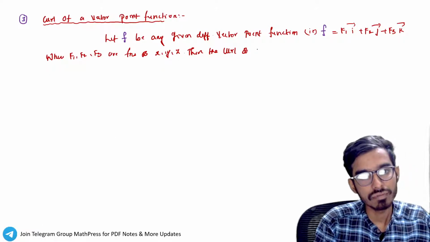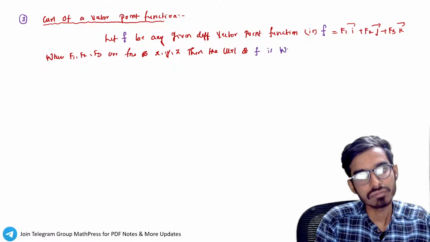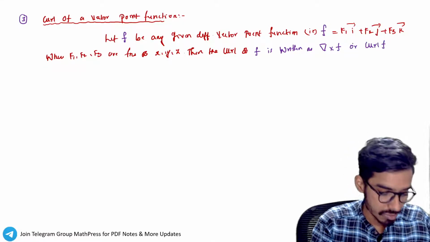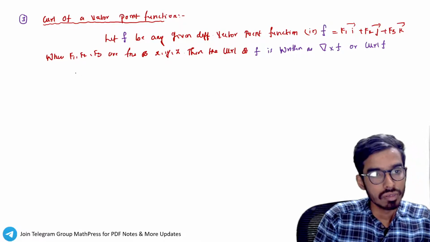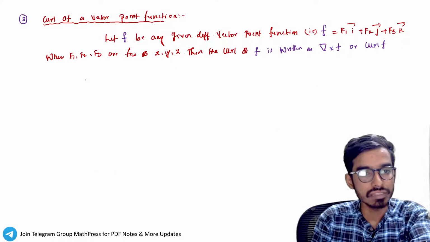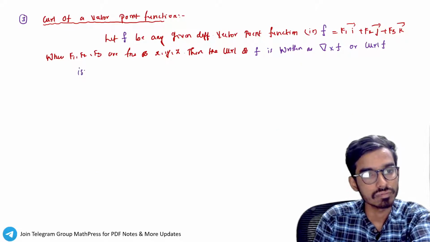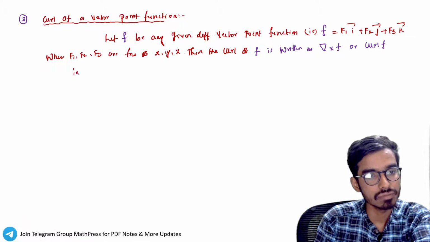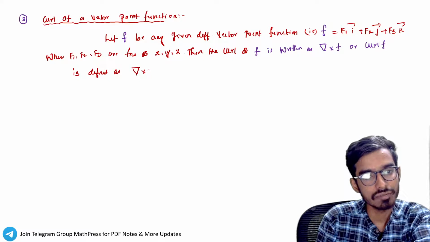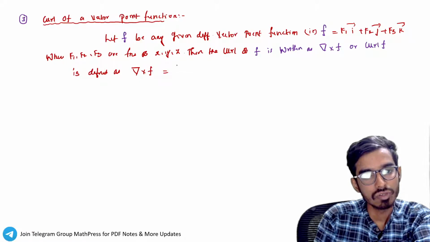Then the curl of f is written as del cross f, or you can also write this as curl of f. So curl of f is defined as del cross f. What is del?